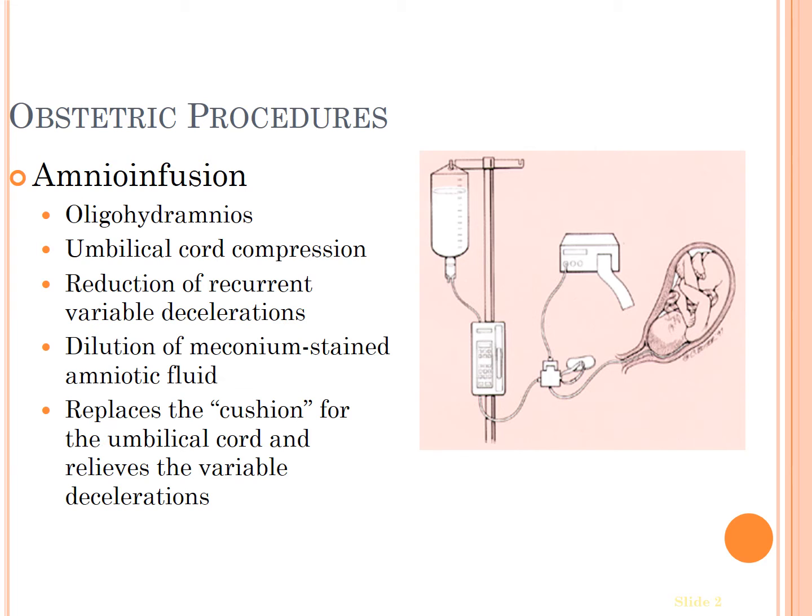Now, for those that do not know what meconium stained amniotic fluid is, meconium is the first stool of the newborn. Unfortunately, sometimes due to either the stress of labor or a hypoxic episode during the pregnancy or labor, the baby may have their first bowel movement inside of mom, and it's called meconium stain.